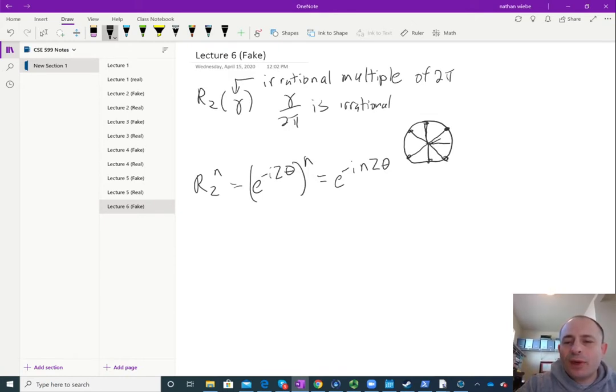But if we start going back, then we'll find that this walk, because it never repeats itself, will actually uniformly spread out over the circle as we continue to apply this irrational rotation over and over again.